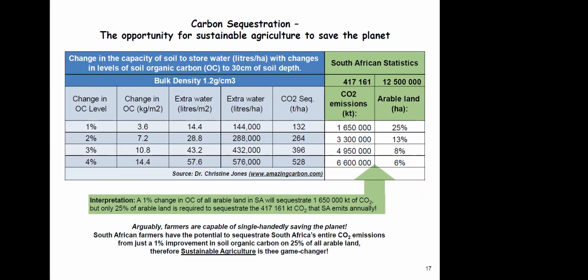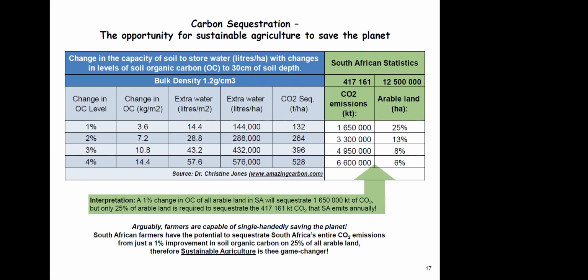So the important thing with having humus in the soil is that it not only sequesters carbon, but it also allows more moisture to be retained. Now, this researcher, Dr. Christine Jones, that you see in the table with the blue highlights from amazingcarbon.com, she put these statistics together to help the whole regenerative agriculture movement in Australia about 10 odd years ago.